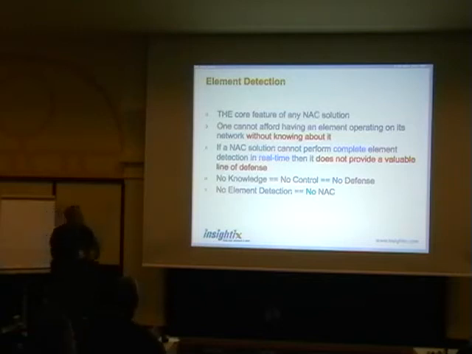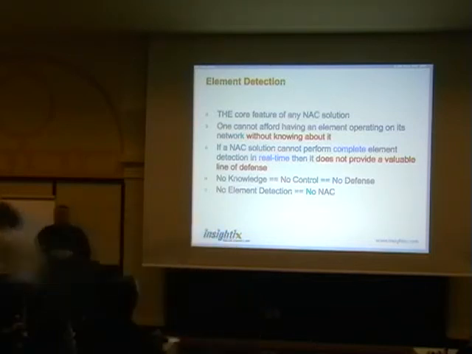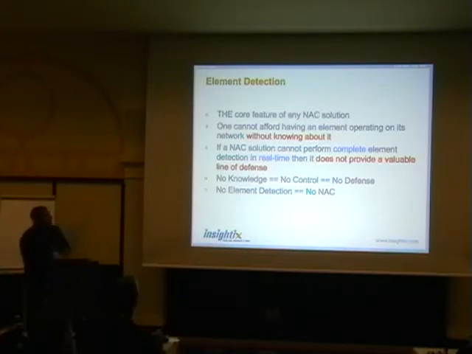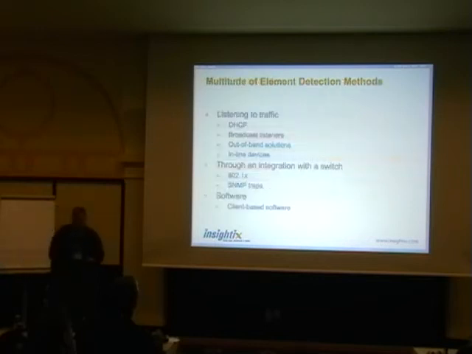But as we will see, most of the solutions today simply don't understand the contextual network information. They wait for something to happen in order to detect that there is a new device on the network. They don't have the detection capabilities that alert them in real time, at least most of them, that there is a new device, and therefore if there is no knowledge about the device, there's no control, no defense, because there's no network access control.